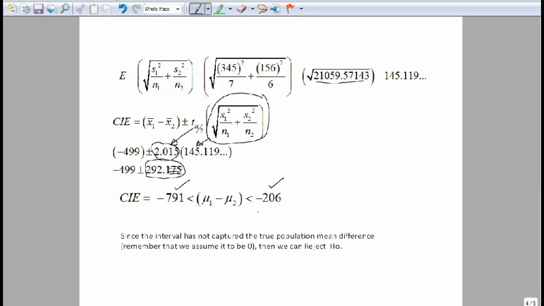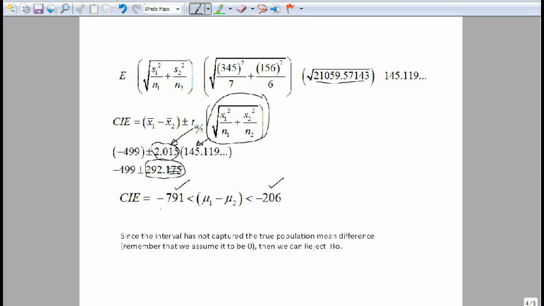That's what we're saying. Well, since the interval has not captured the true population difference, and why? Well, remember, we always want to assume it to be 0. We want the true population means to be the same. That's what we always assume. So this should be a 0. Well, that does not fall in that range.